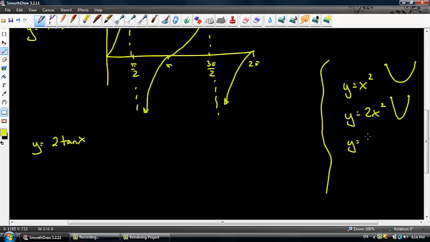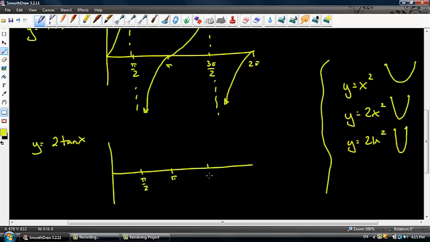And if I said y equals 21x squared, that would be even skinnier than the last one. So the way these are modeled is, the bigger the number, the more steep the graph becomes. So at pi over 2, pi, 3 pi over 2, and 2 pi, my asymptotes haven't changed.